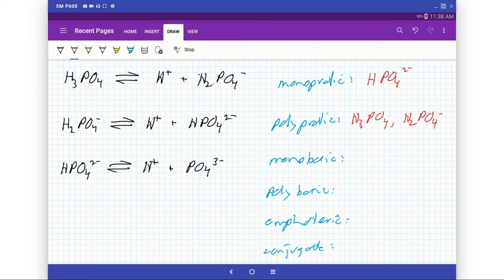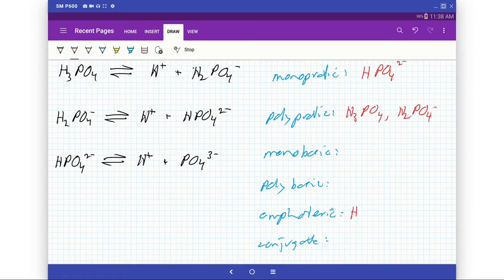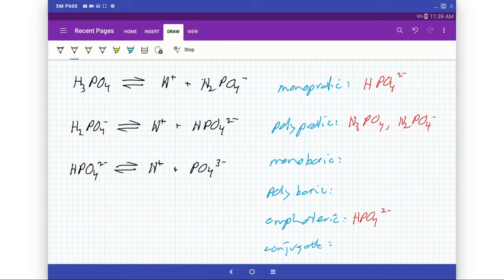Of the entities present here, what is monobasic? What can only accept one proton? Amphoteric is HPO4 2 minus. Yes, it is. What else on there is amphoteric? H2PO4 minus is amphoteric. Yes. Monobasic is the thing that can only accept one proton, which is H2PO4 minus.